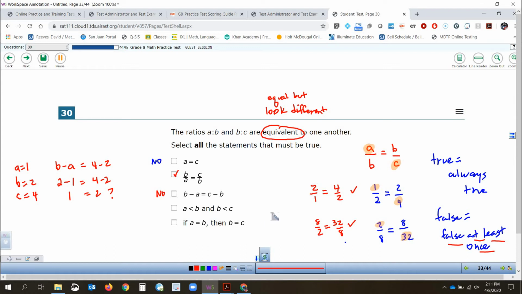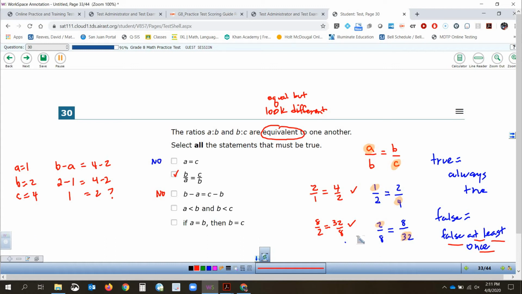A is less than B, and B is less than C. So for this example, for the one we have here, 1 is less than 2, and 2 is less than 4. So it is true for this one. How about this one? For the second example, what did we have for A?